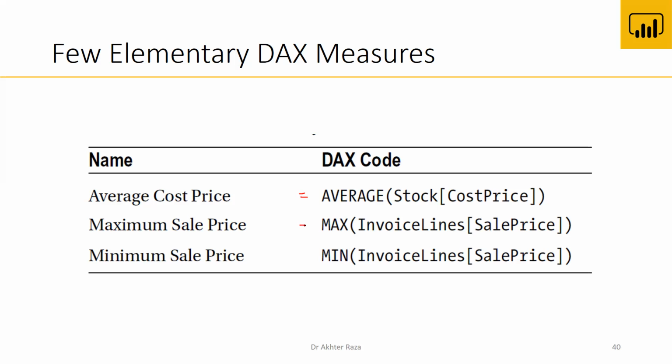Any one of us can use these functions to calculate the minimum of a column, the maximum of a column, and the average of a column. We can also use the sum function or the count function for defining these measures. The count function will count the number of rows, as we did in the previous slide.